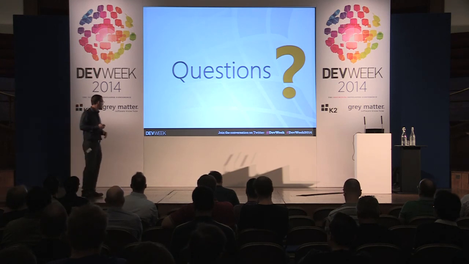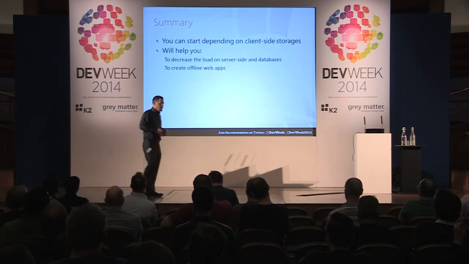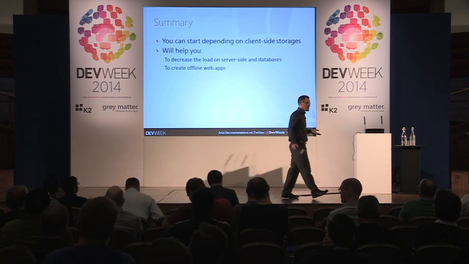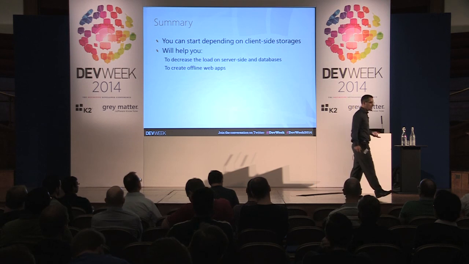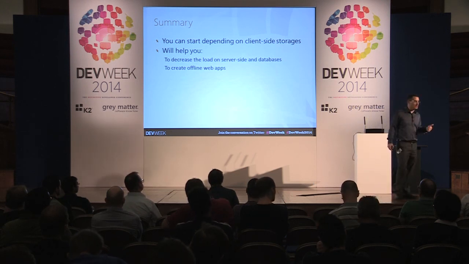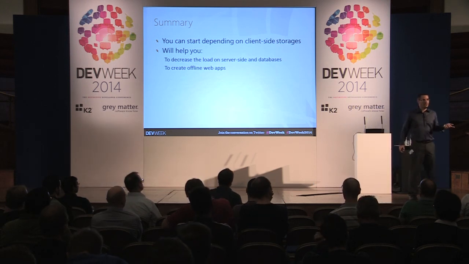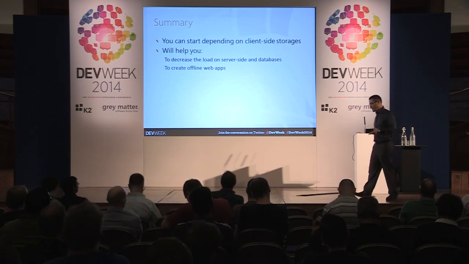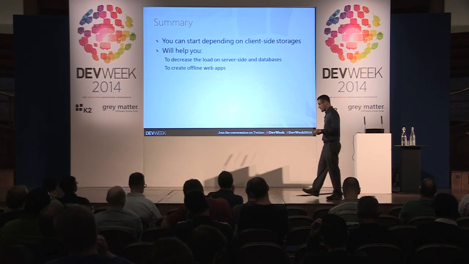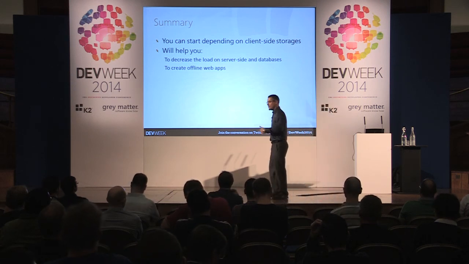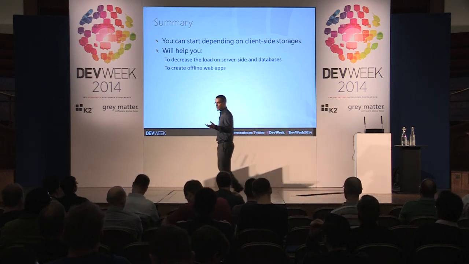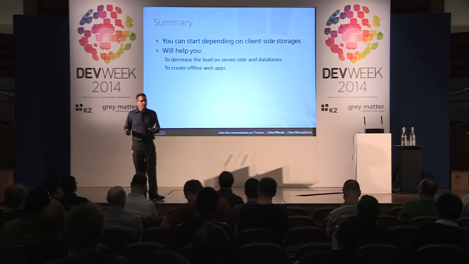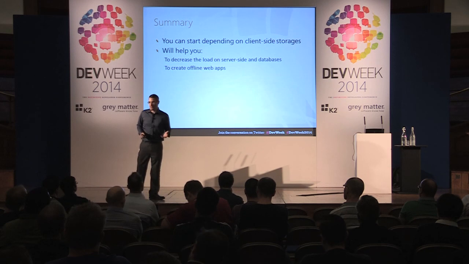Okay, so let's wrap up. In this session, what you saw here are three main APIs that enable you to store data in the client side and to take your application offline. Since mobile phones are very, very common and people use them a lot to surf the internet, you will gain a lot when you are using those storage options.